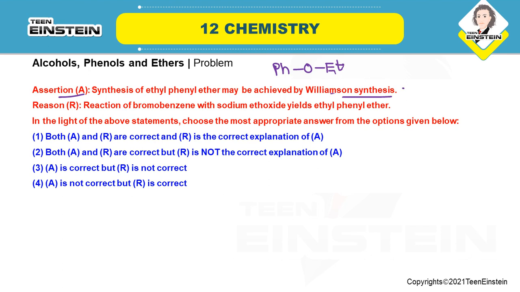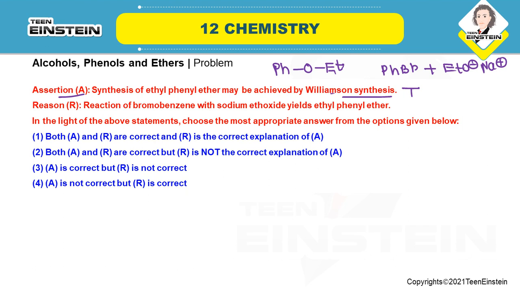Now obviously this is true, because by Williamson synthesis we can make unsymmetrical ether. But the question is, what combination should you take? So in the reason it is saying that reaction of bromobenzene, that is PhBr, with sodium ethoxide, that is EtO minus Na plus, can lead to the formation of ethyl phenyl ether.